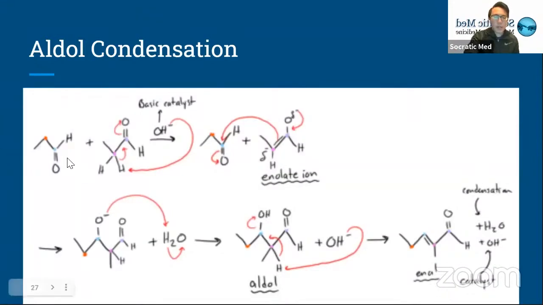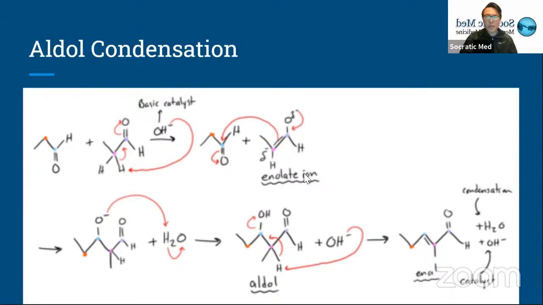On the top left, these two molecules are the same, but one of them will be deprotonated by that basic catalyst in order to form the enolate ion. The negative charge on that alpha carbon will resonate onto the electronegative oxygen, and then you can resonate that negative charge down from the oxygen in order to attack the carbonyl carbon on the other aldehyde.